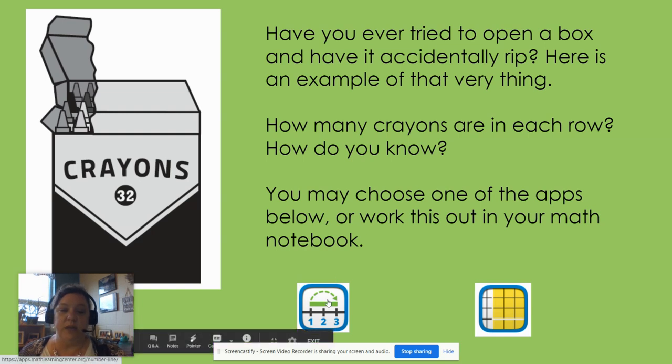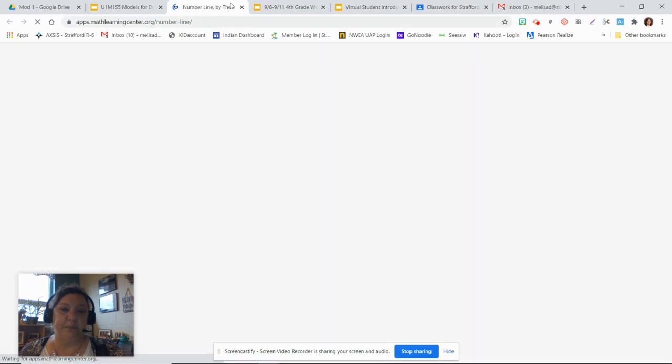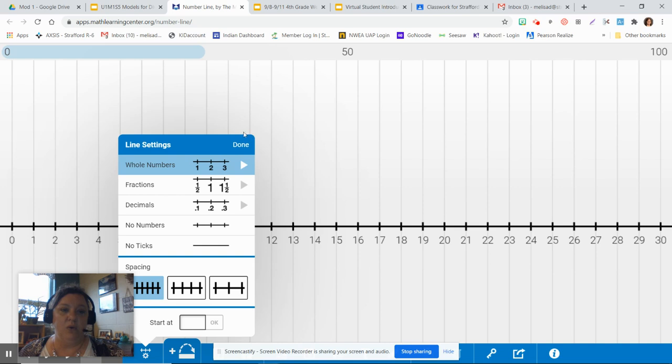So if we wanted to use a number line to show this, keep in mind we would be ending on 32 because 32 is our total. And we know that we've got 4. So what we can do, if we use the number line, we want to go all the way to 32. Notice it doesn't quite make it to 32.